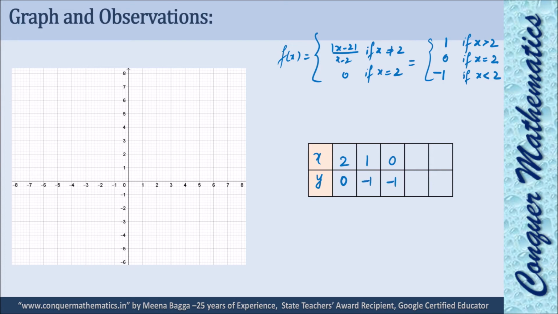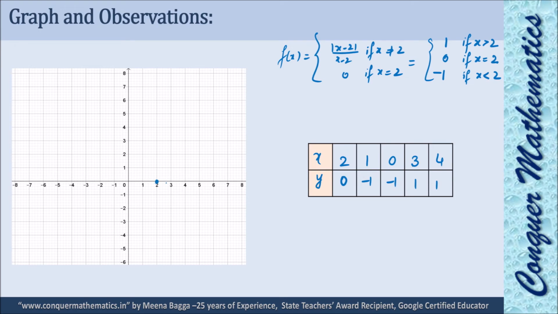Right? If x is greater than 2, suppose it is 3, it is 4, then it is 1. That means this point where the value is 0 is shifted to here. यहाँ shift हो गया ये point. Okay, here we can draw a filled circle.